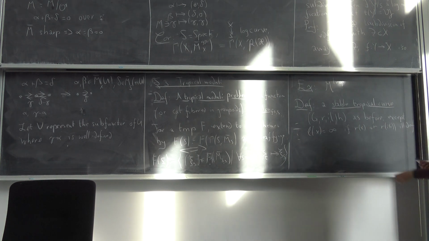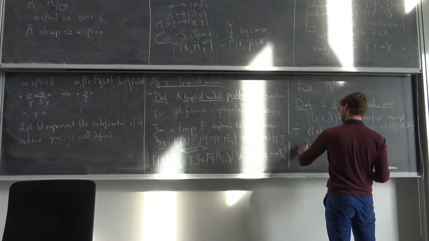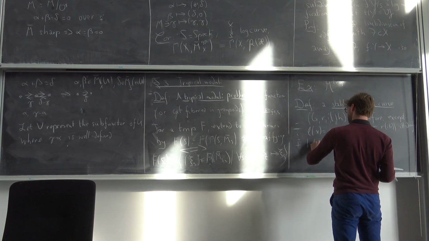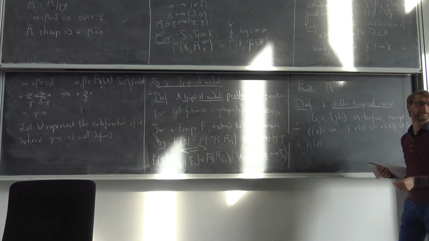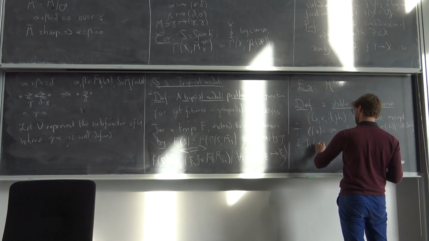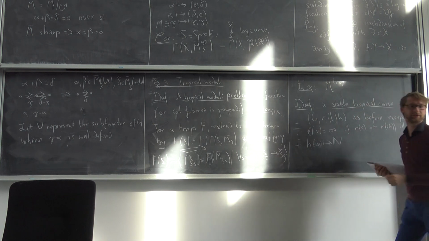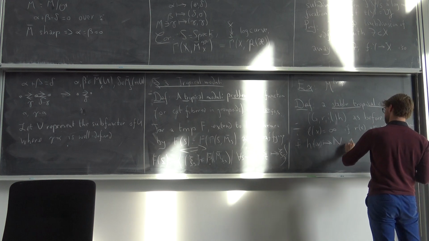And we have some extra piece of data. I didn't write an H before. So we also have H, which is only defined from V, so from V to N, a genus parameter.